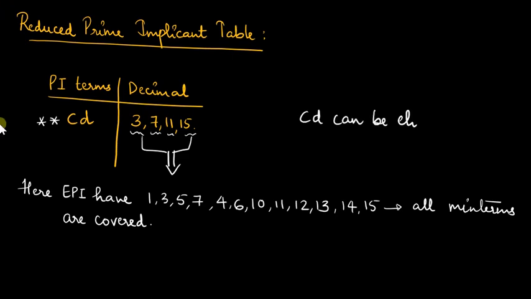That is why CD becomes a dominant prime implicant which can be eliminated. So our final result will consist of only A bar D plus B plus AC.